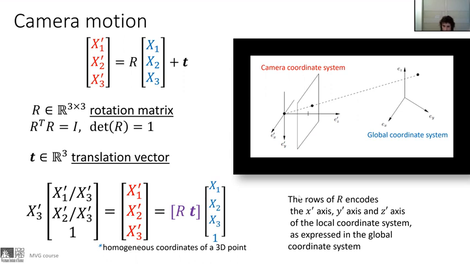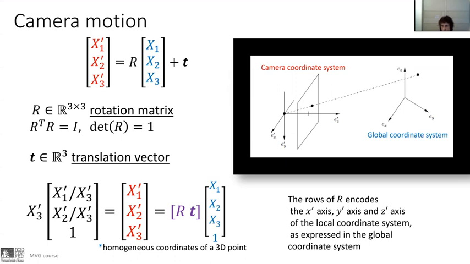Moreover, I guess that you remember that the rows of the rotation matrix R encode the x prime axis, y prime axis, and z prime axis of the local coordinate system as expressed in the global coordinate system. Is this clear? Everybody is familiar with it?